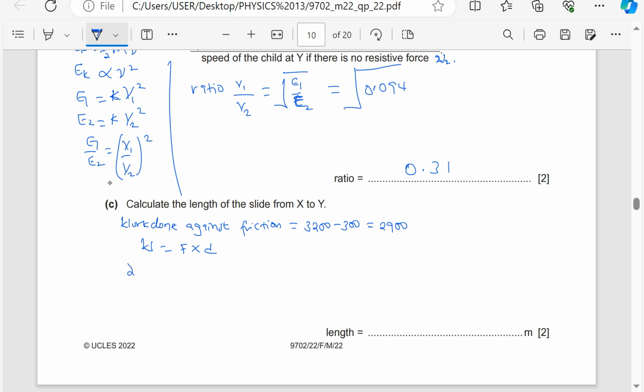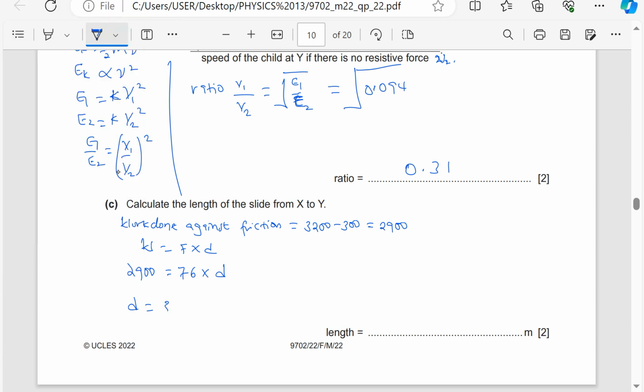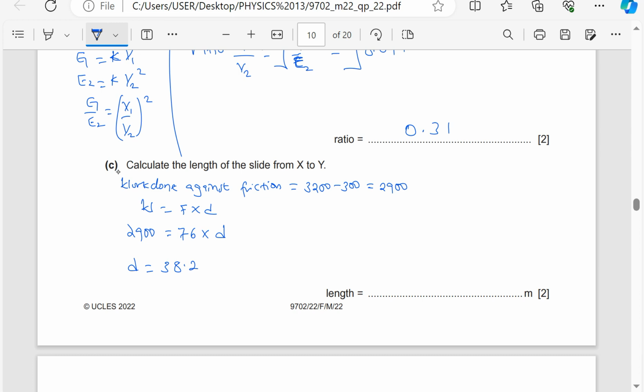So the work done against friction is 2,900. The frictional force was 76 times the distance which you want. So the distance is going to be that one divided by 76, which is 38.2 meters, or approximately 38.